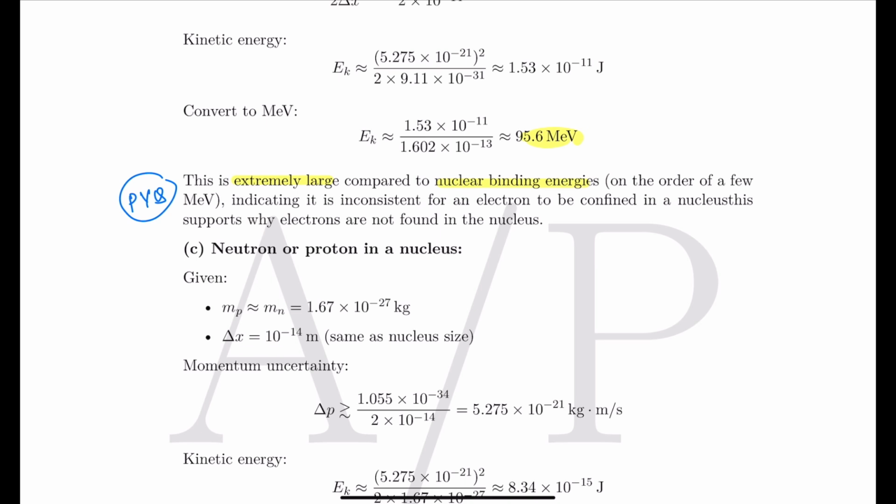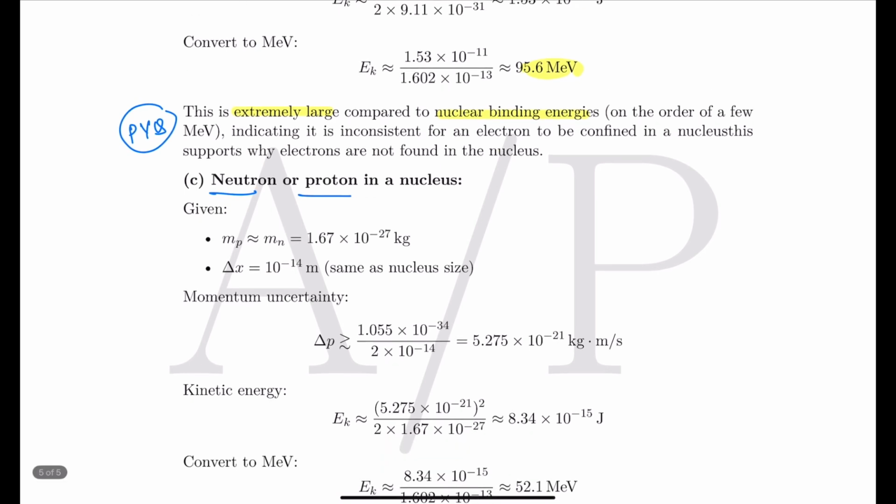Now let us check the consistency of Heisenberg's uncertainty principle along with the binding energy when we are calculating the same for a neutron or proton. We know that neutron and proton are roughly of the same mass, not exactly but roughly. So we are going to take the value of 1.6 multiplied by 10 to the power minus 27 kilogram.